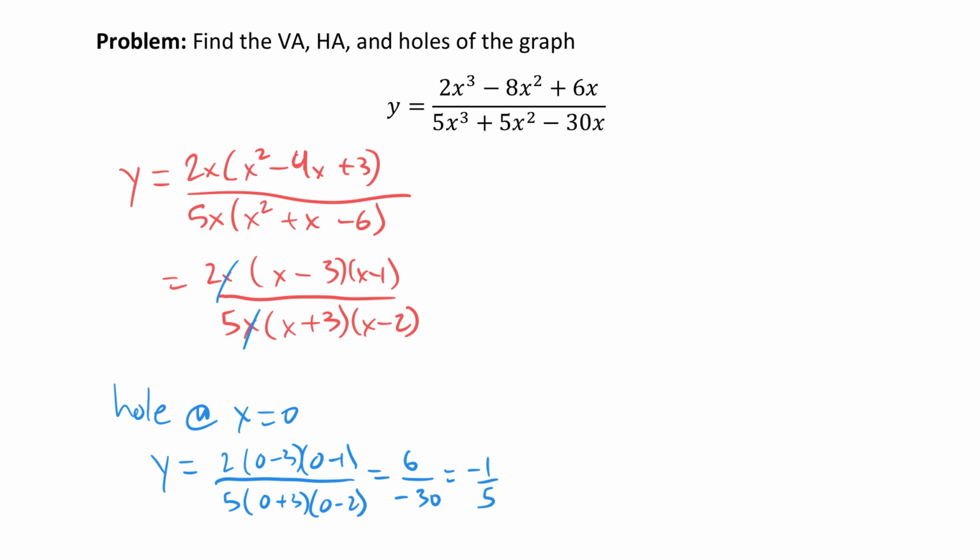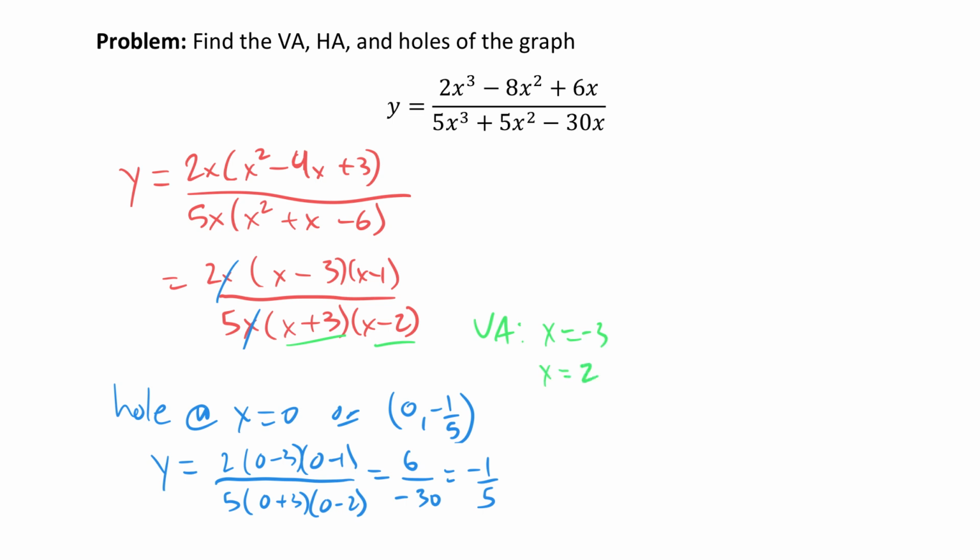So the hole is at x equals 0, or you could put the coordinates (0, negative 1/5). Okay, the vertical asymptotes: well, the x didn't survive the canceling, but the other two did. So both of these will be vertical asymptotes, x equals negative 3 and x equals 2.